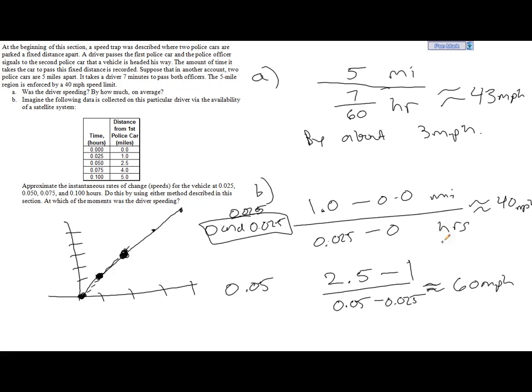So going much faster at this point, and so definitely have an incidence of speeding.